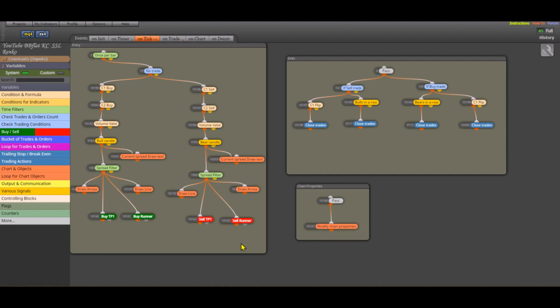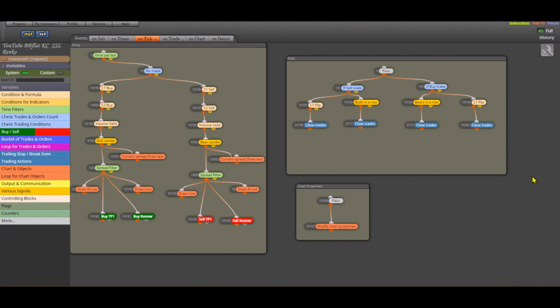And for each entry, I'm actually taking two trades, one with that first take profit of 3 times our Renko brick size, and the other one, which I call a buy runner, and that is the one that has no take profit identified. And we rely strictly on our exit indicators.